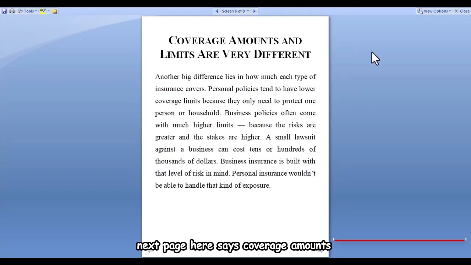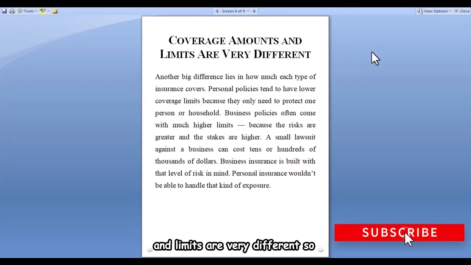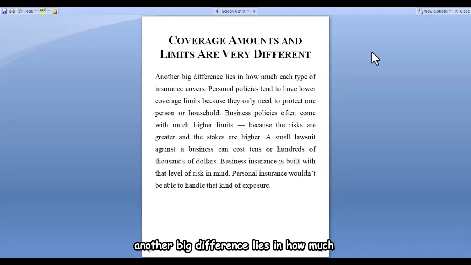The next page here says coverage amounts and limits are very different. Another big difference lies in how much each type of insurance covers. Personal policies tend to have lower coverage limits because they only need to protect one person or household.